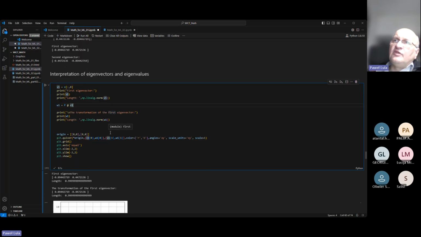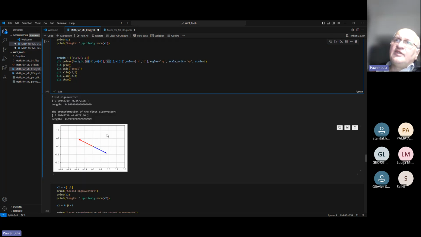This vector W1 is here presented in blue. So red is an eigenvector, and we transformed this eigenvector. We remember, when we are talking about linear transformation, we are talking about multiplication by a matrix in which this transformation is defined. And the result is here.